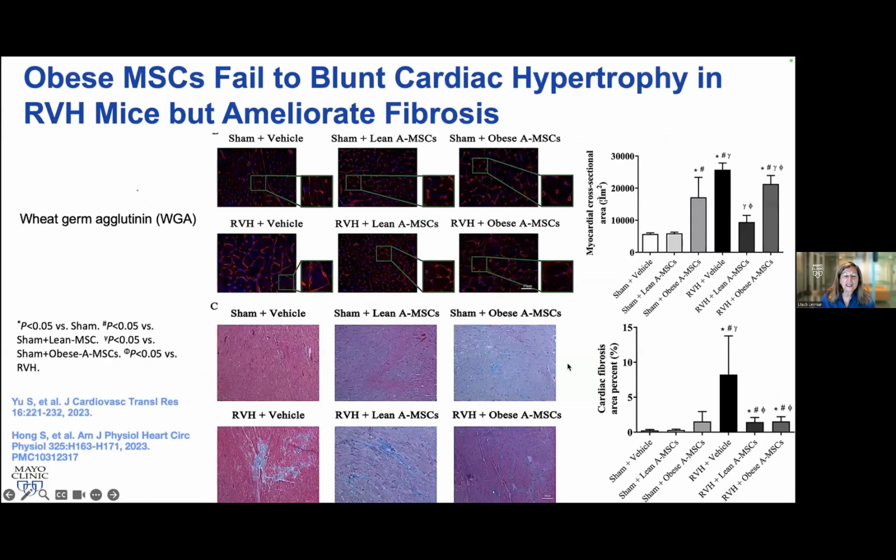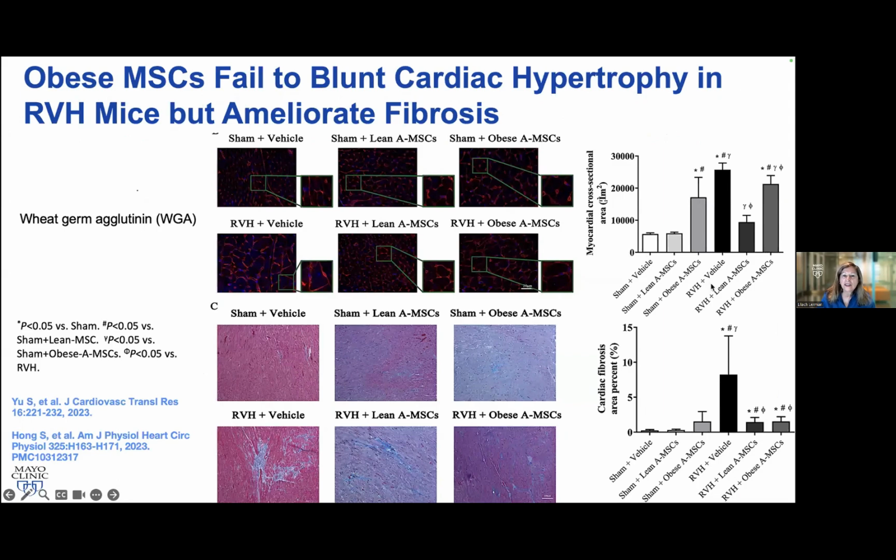In several studies, we tested the function of those MSCs on the heart. Here in the left, you can see a WGA staining, with wheat germ agglutinin staining of the heart, in which we study the cross-sectional area of those cardiomyocytes.